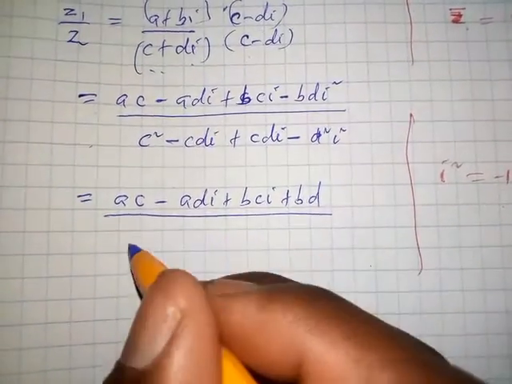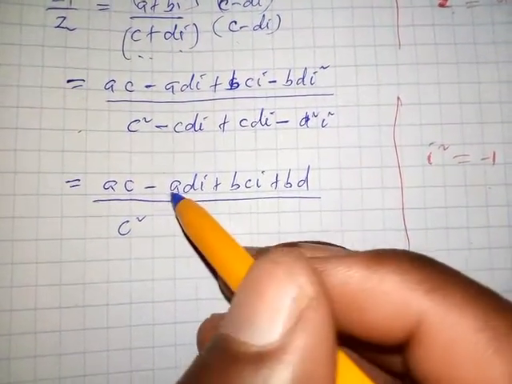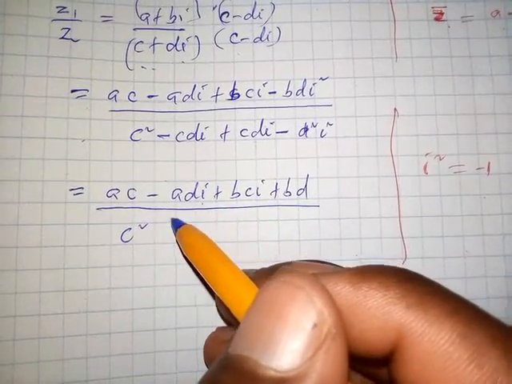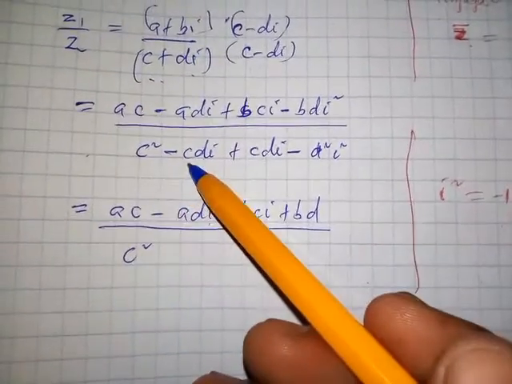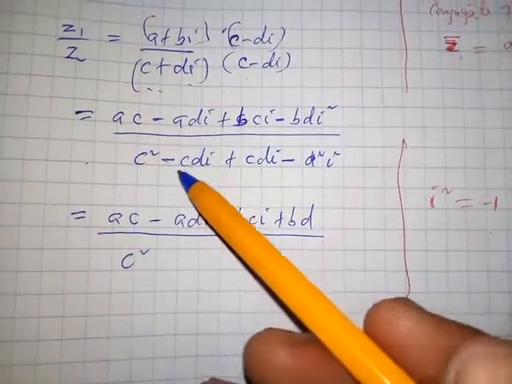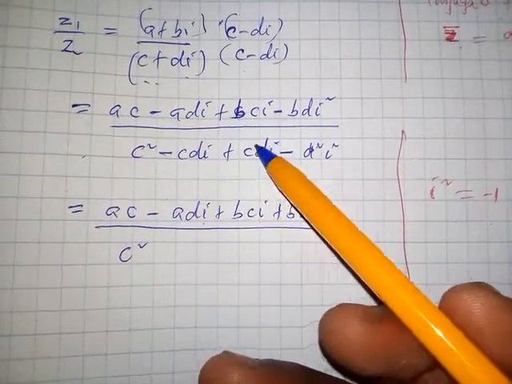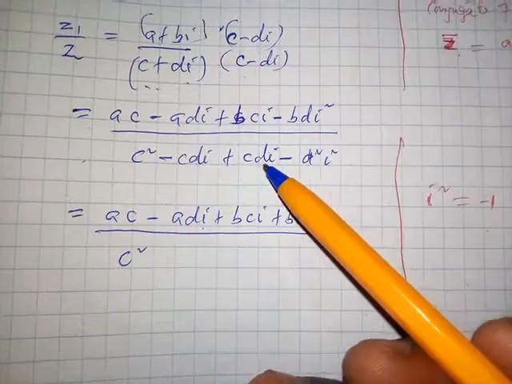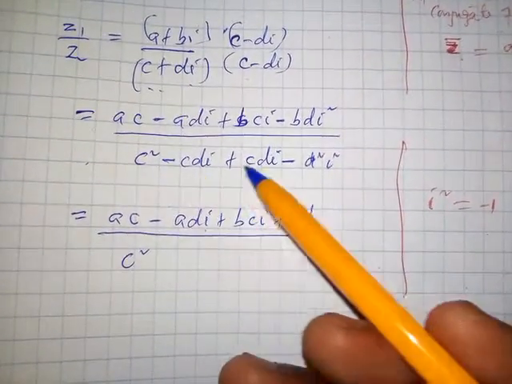Over c squared, we have negative cdi plus cdi, so they cancel out, and the whole of this will be 0.